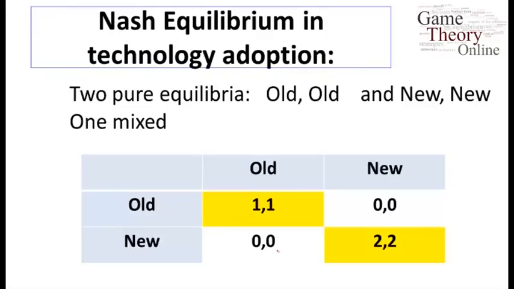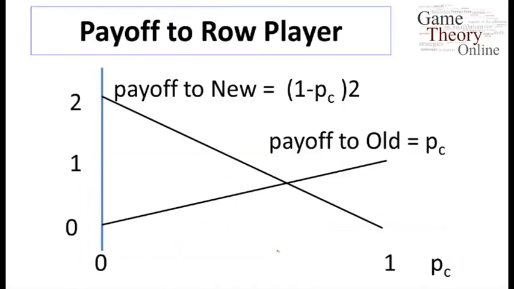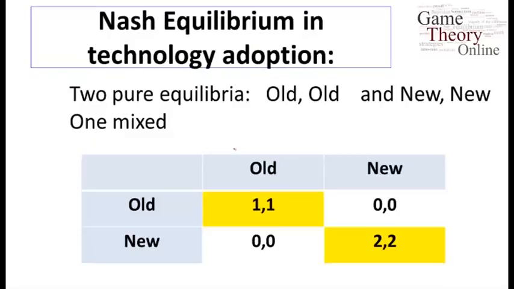So we can keep track of what happens to, say, the payoff to the row player as a function of the probability that the column player plays old. Let's let PC be the probability that the column player is playing old. 1 minus PC will then be the probability that the column player plays new.